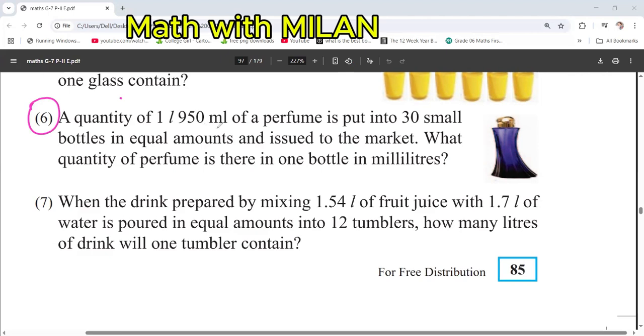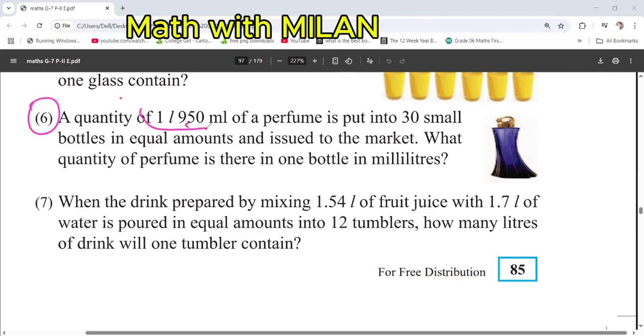The quantity of 1 liter, 950 milliliters of a perfume is put into 30 small bottles in equal amounts and issued to the market. What quantity of perfume is there in one bottle in milliliters? So let's see.